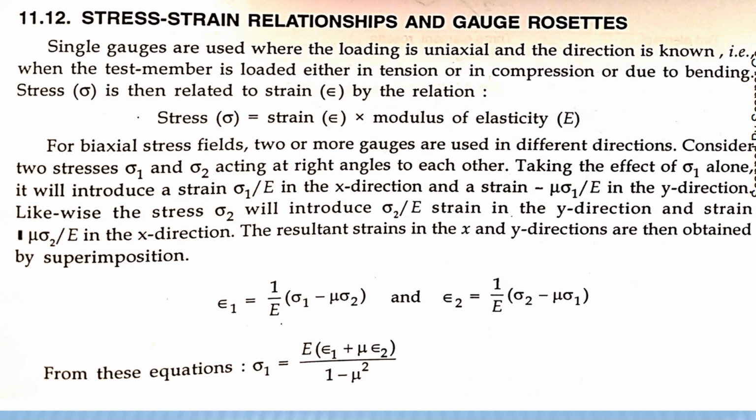And next topic is stress and strain relationships of gauge rosettes. It means there are different directional forces acting on the object.